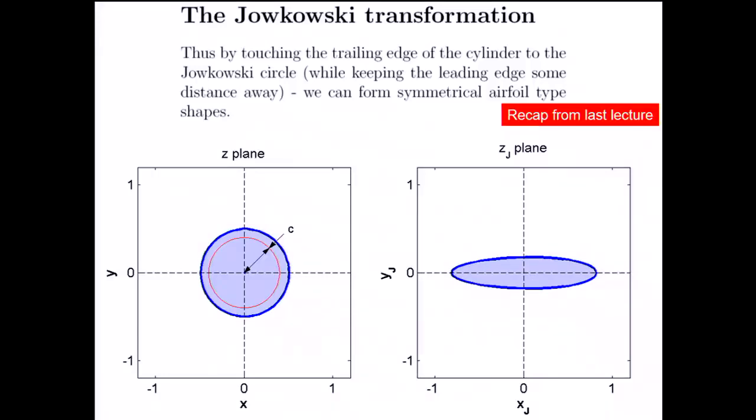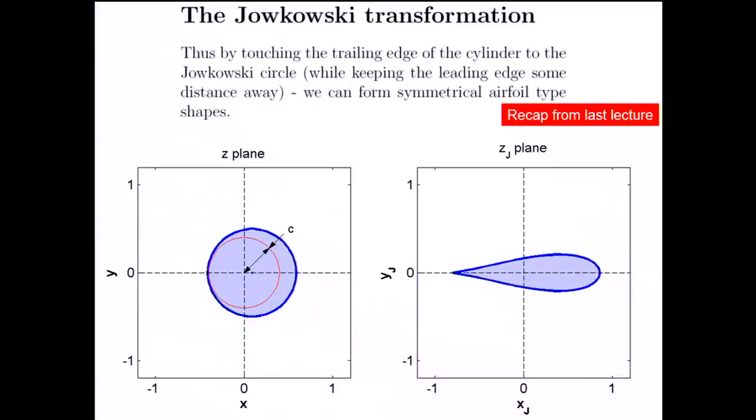And if we shift this circle in the original plane slightly along the x direction, until the blue circle touches the red circle at this critical point, we can see that in the transformed plane, it formed this teardrop shape or the airfoil shape with the sharp edge at the left half of the plane.